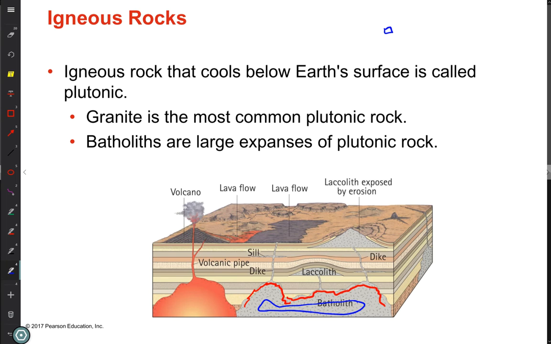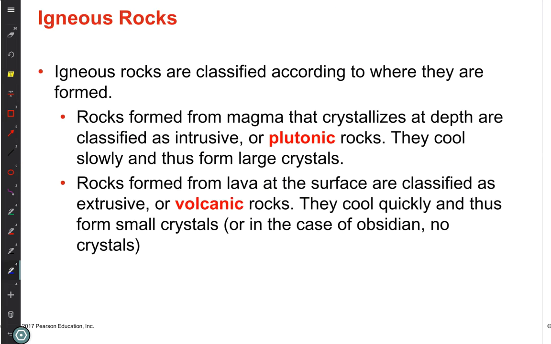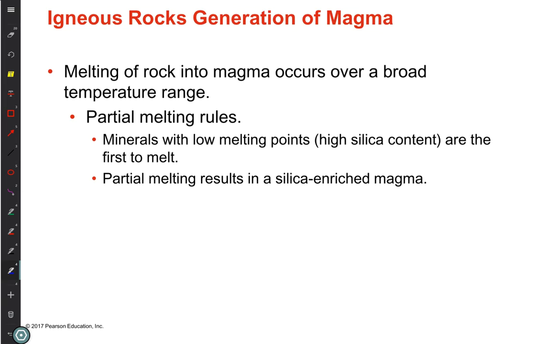And if you were to drill through that, you would find different concentrations of the minerals because the ones that have high melting temperatures are going to be generally on the outside. The ones with the lower melting temperatures, more silicate, toward the center. Okay, now go all the way back to where we were.